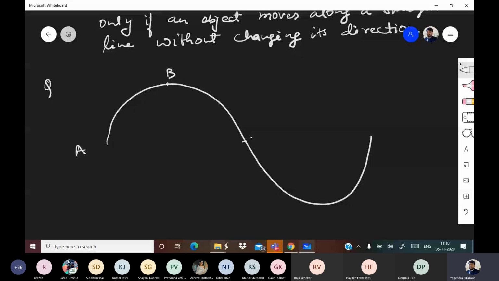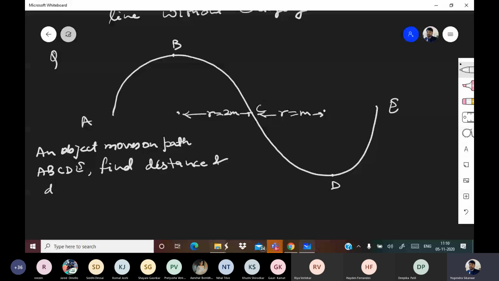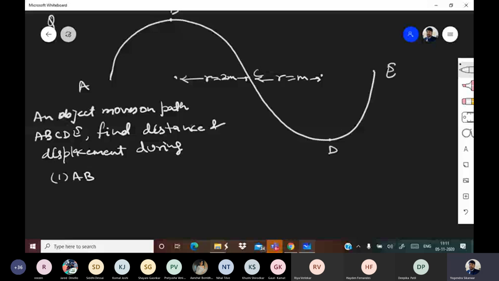The question says an object moves on path A, B, C, D, E. Find distance and displacement during number 1 AB, number 2 AC, number 3 AD, number 4 AE.